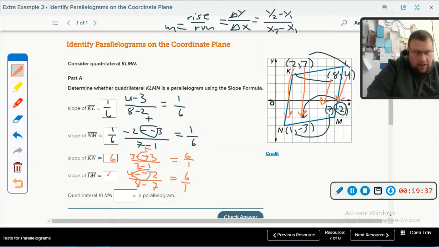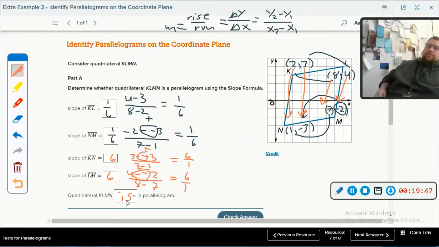Look at that. They have the same slope of 6. Therefore, quadrilateral KLMN is a parallelogram. Boom. Awesome. This is a good problem. All right, pause if you need to. Let's move on to our last one.